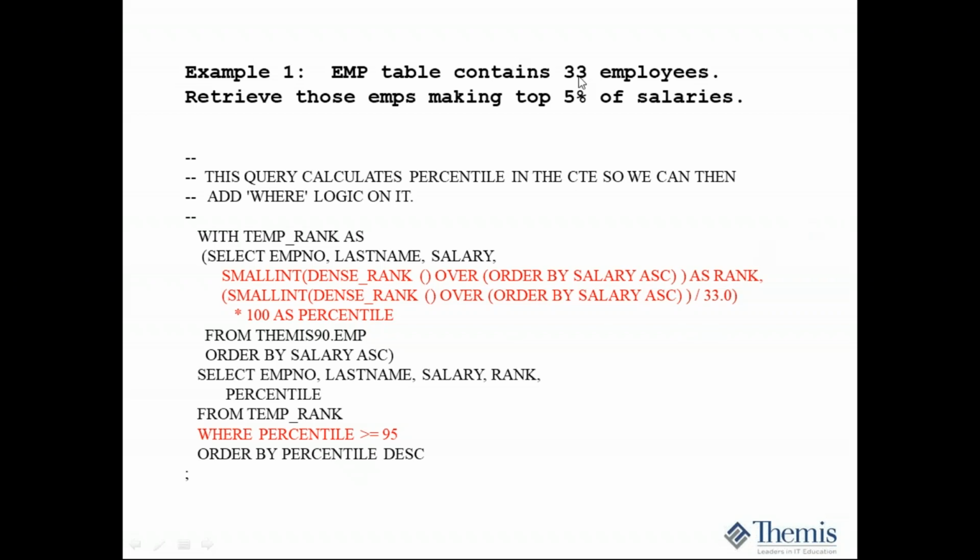We have to know the number. I could put a select count in there because, like I said, we can put select just about anywhere in SQL anymore. But here's logic that would get this: I say the percentile is greater than or equal to 95%. That's going to get me the top 5%. So we're using the rank functions to help us get that.